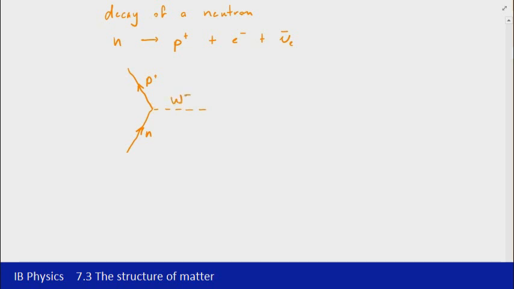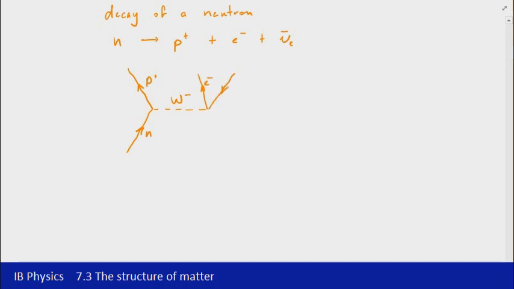And because it's a decay, it would be the weak force that's involved, and so we'd see that it's a W boson, W negative.